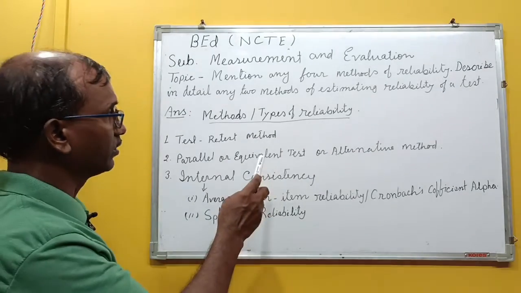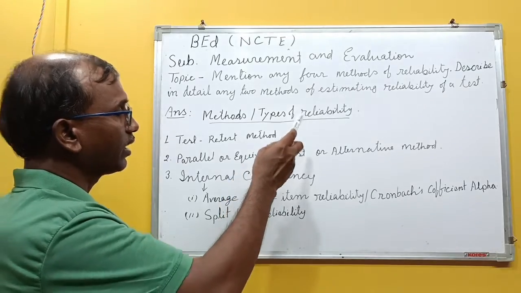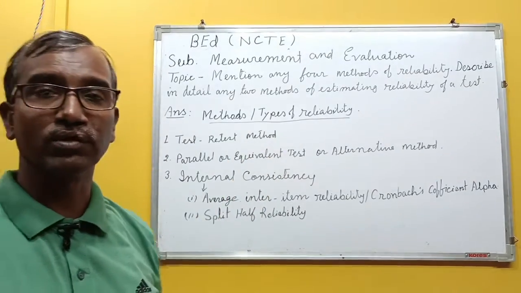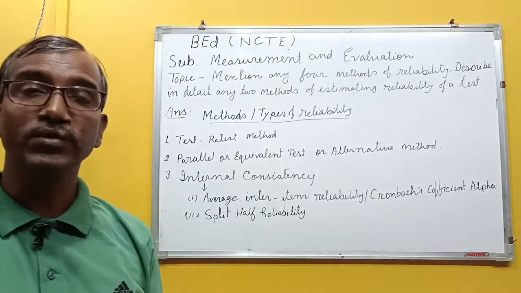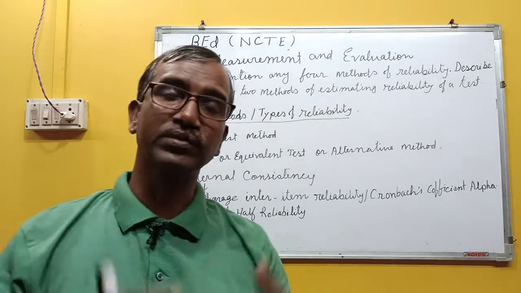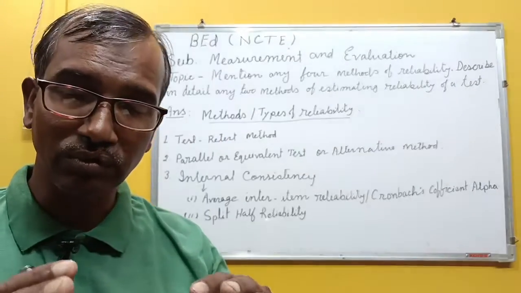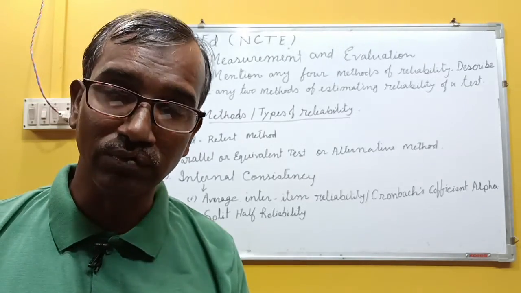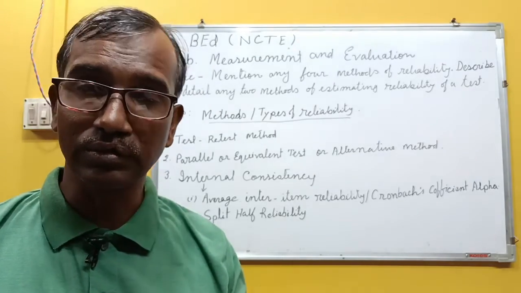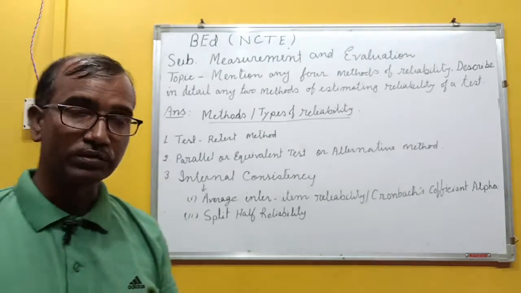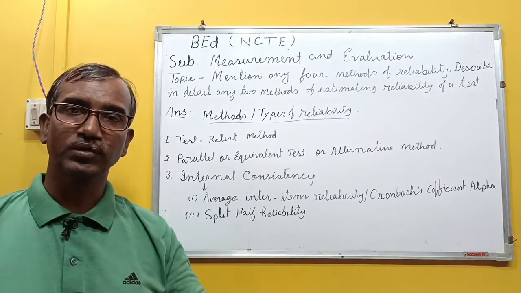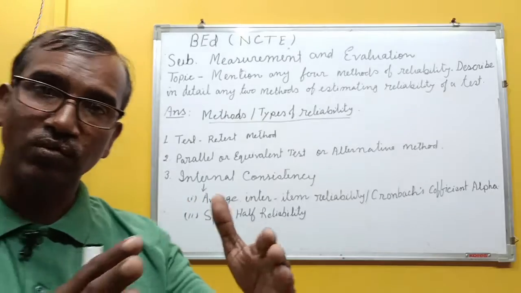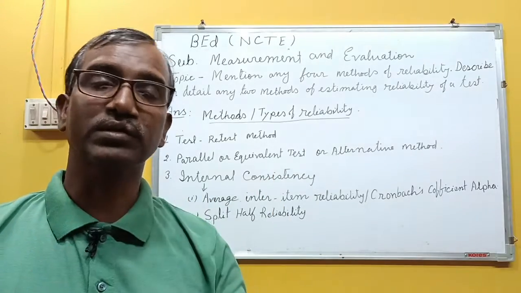So now, how is reliability measured for a particular test? If at present someone tries to prepare any psychological test, any intelligence test, this present test is compared with other tests.